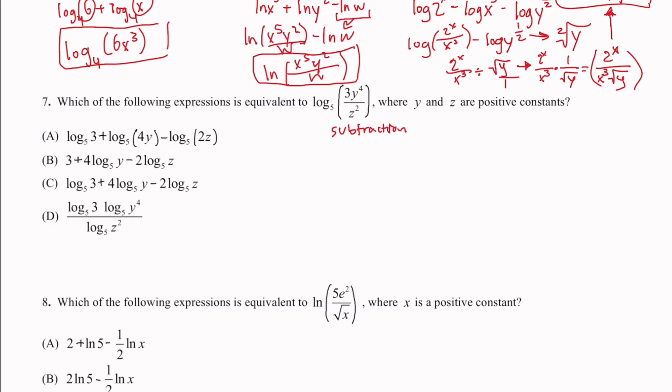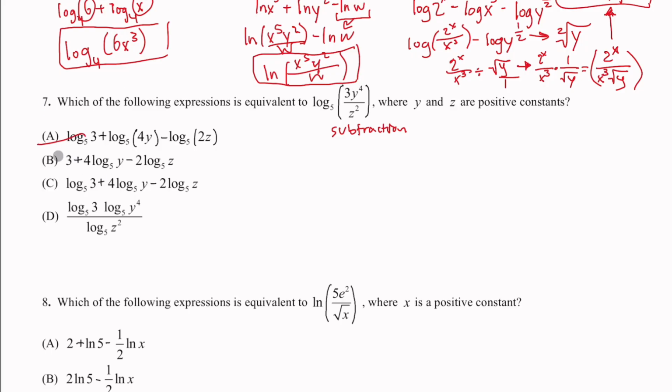It could be in the original equation, but that probably means that they moved it. So they had the exponent, they got it from the number before the log. That's probably what happened. So we can look at the answer choices. If we look at A right here, it's adding first, so it's 3 multiplied by 4y. We already know that's wrong because there's no 4y here, so we can cross off A.